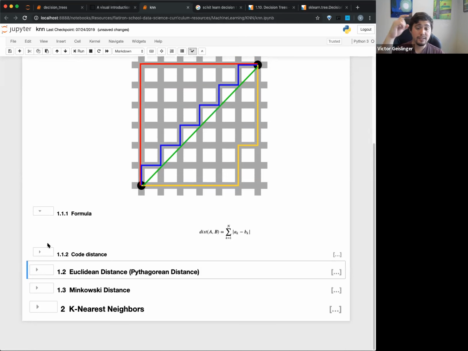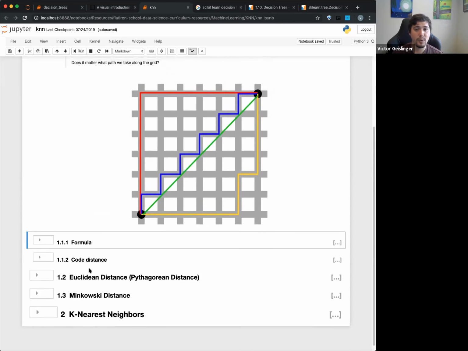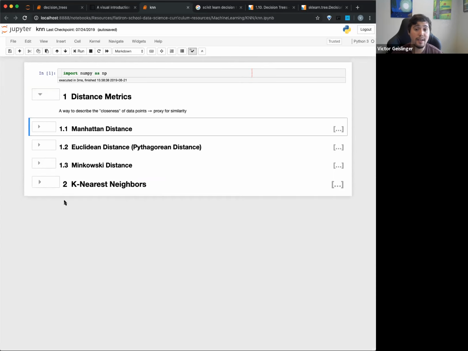We had this Manhattan distance where we're just walking along the blocks, Euclidean distance where we're walking across directly. Minkowski distances are a little harder to wrap your head around. It's like, what exactly is going on? But they're another way for us to measure distance. Usually we'll use Euclidean if we're doing distance in this way. The other more common one is cosine distance, which is another way of calculating how close something is.